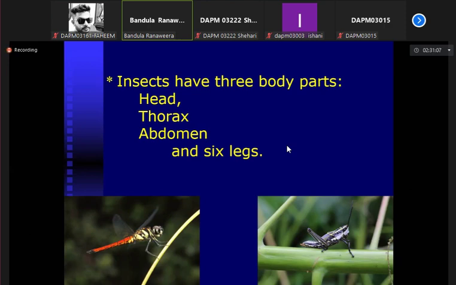Then the pest insects like aphids, maybe plant bugs, start as eggs. When the adult female is laying an egg, the hatching young one is called a nymph. It is similar to the adult, but not having wings.